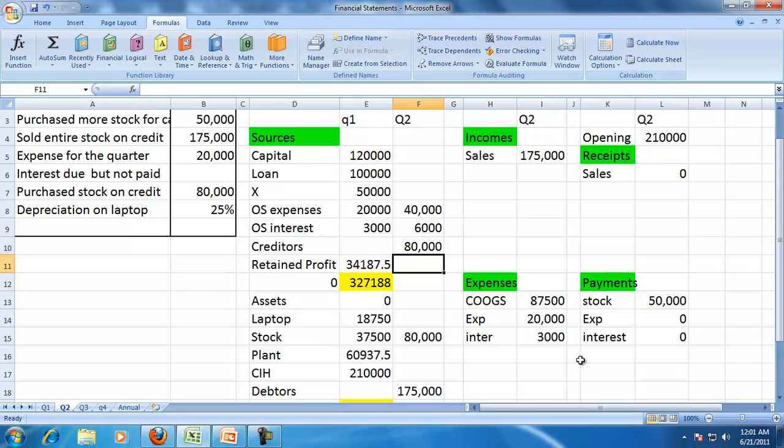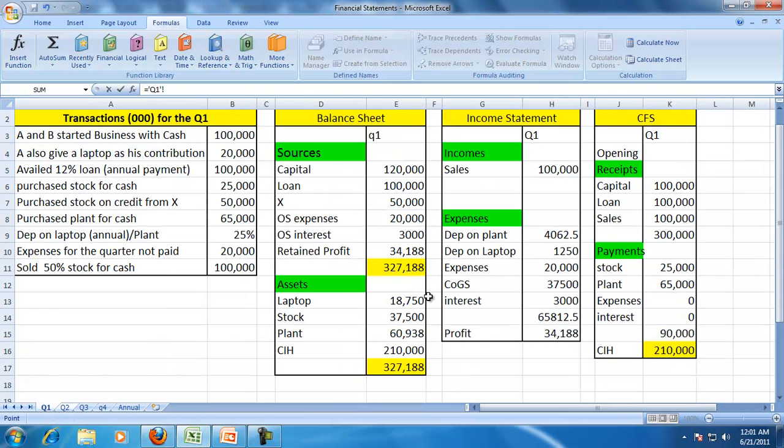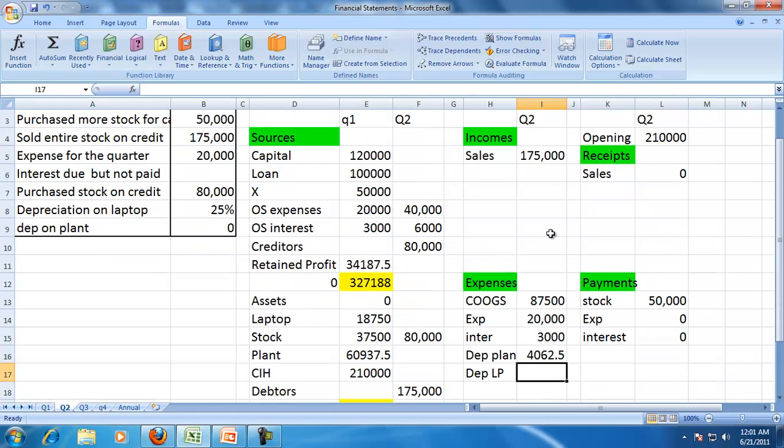Okay, so once again we have depreciation on plant, and depreciation on plant is also 25%. So depreciation on plant, depreciation on laptop, which is the same as what we did in the last quarter. Depreciation on the laptop is shown, but you have to be careful.